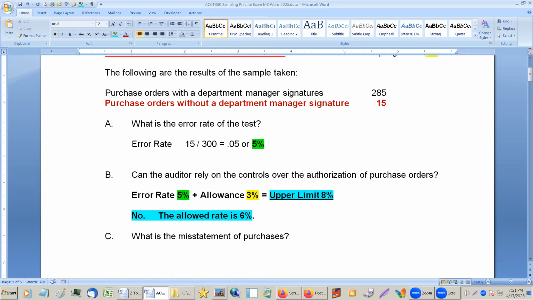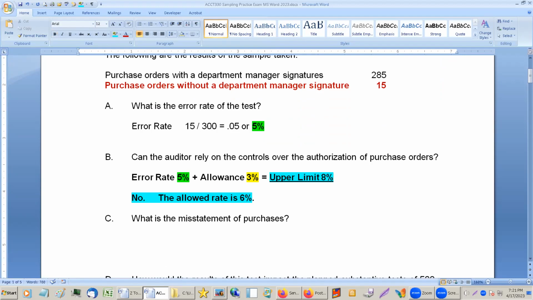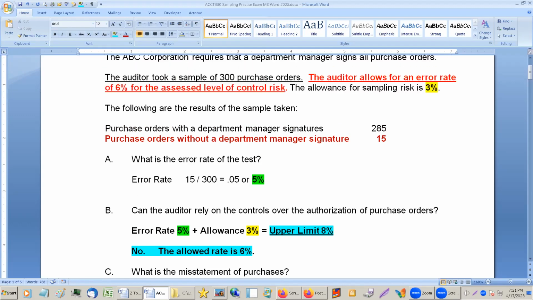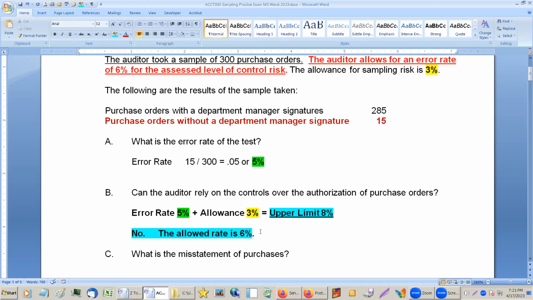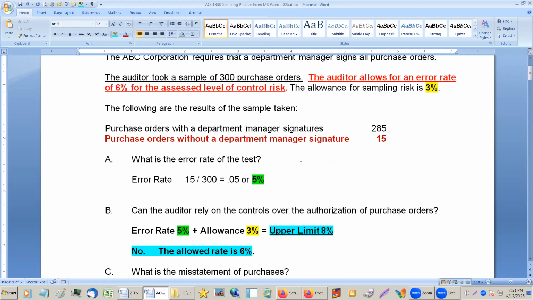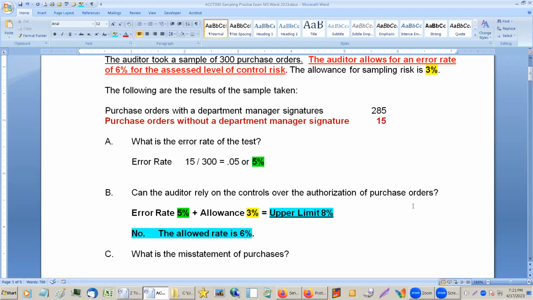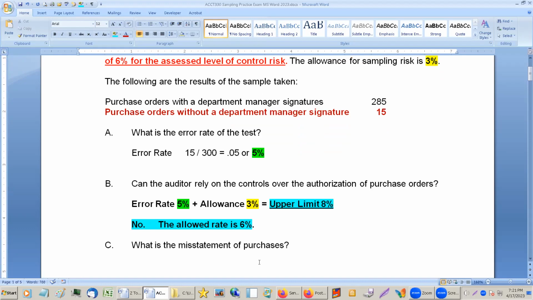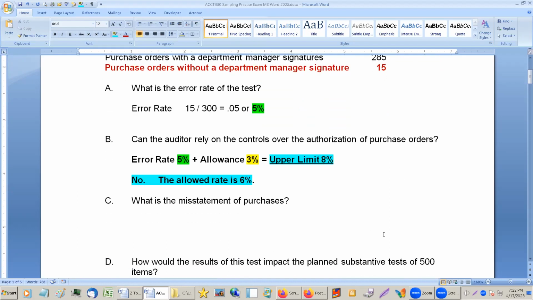What's the misstatement on purchases? The fact of the matter is, just because they didn't sign it doesn't mean they weren't valid purchase orders. It just means they weren't following the controls. So it is possible that there's nothing wrong with the financial statement. So what is the misstatement of the purchases? It's unknown.